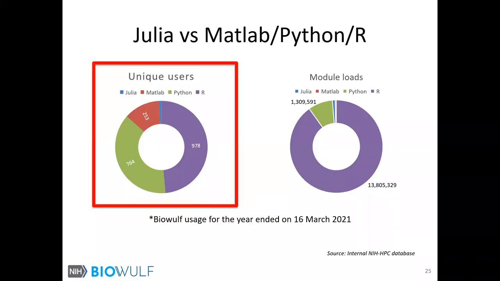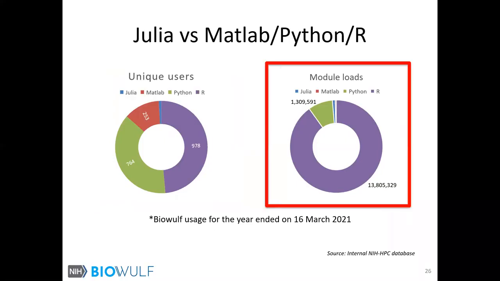So within the Biowulf community, you should know that the number of users that have used Julia in the past year is not as large as those that have used the other big ones.